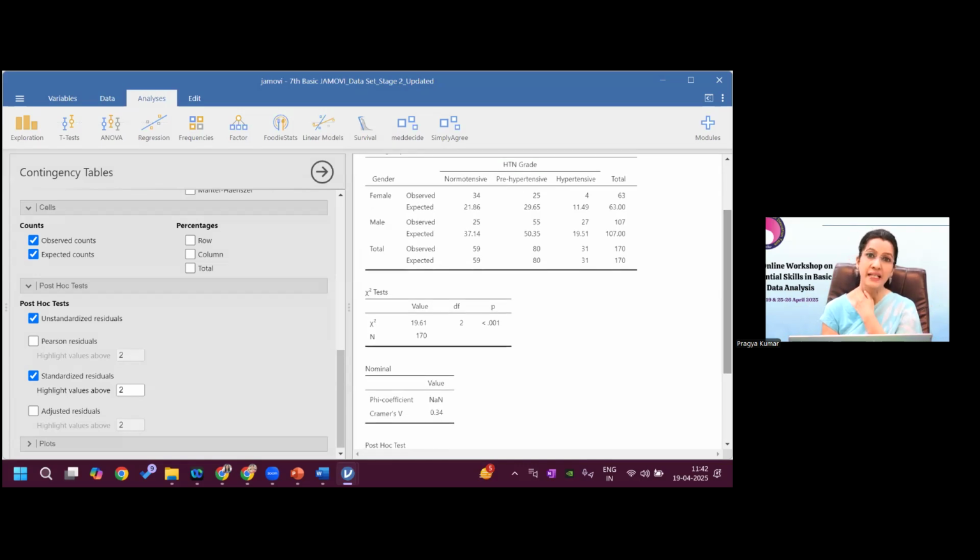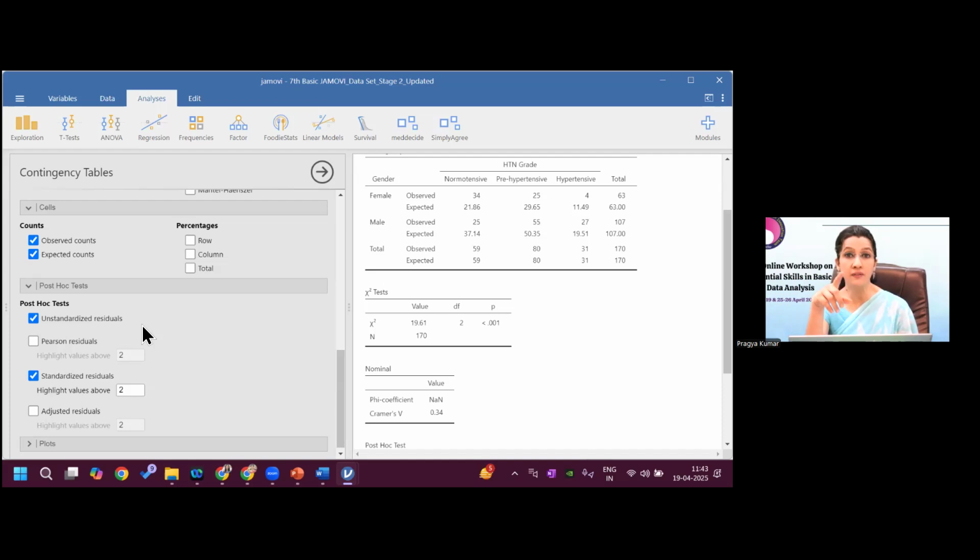Initially, in the earlier version, this post hoc test was not there, whereas in SPSS it was there since the beginning. So when we used to take the workshop on SPSS, we used to teach this post hoc test. But when we shifted to JAMOVI, if you see our earlier videos, we have not covered this post hoc test because this option was not there in JAMOVI. But this time, with version 2.6.26, they have added this.